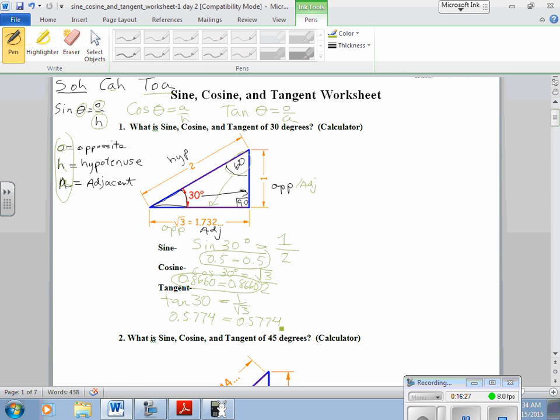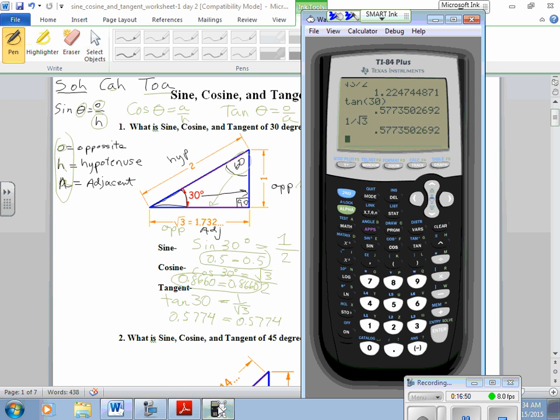Now, does everybody understand I just rounded it off right now? This was 0.57735, right? So I just rounded it up. Does that make sense? Yeah. Don't round off at the beginning. Round off at the very end when you're comparing them. Okay. I just wanted to make sure that I proved to you I get the exact identical decimal all the way through when I show it to you on the screen.